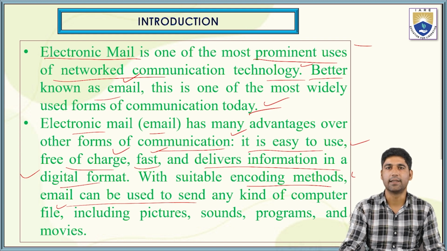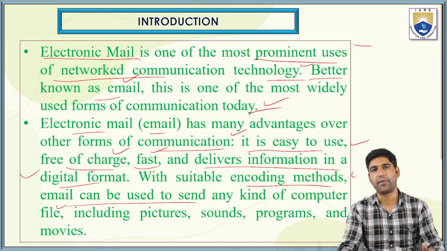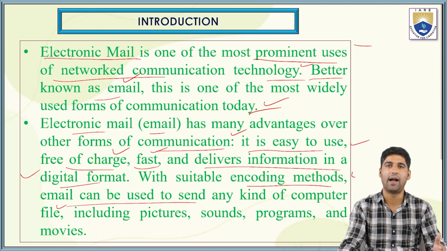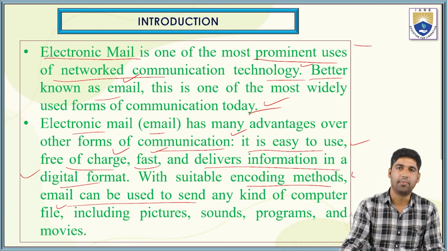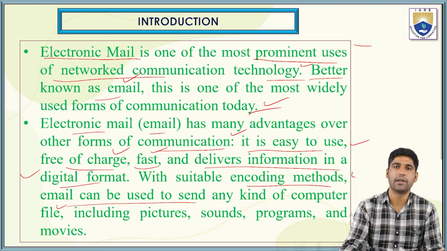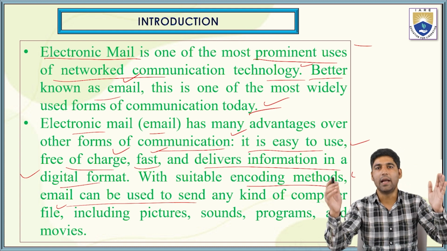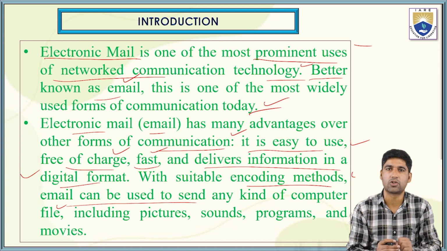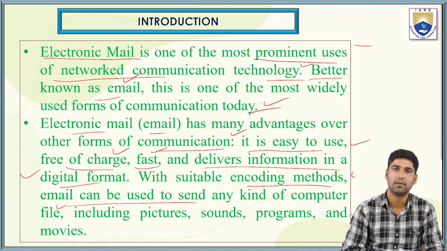If you write a letter, it requires a lot of energy to encode different files, different data. But electronic mail has this ability. You can compress the length of the files into the smallest of the files.